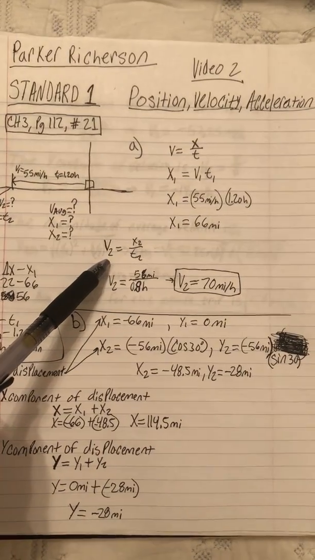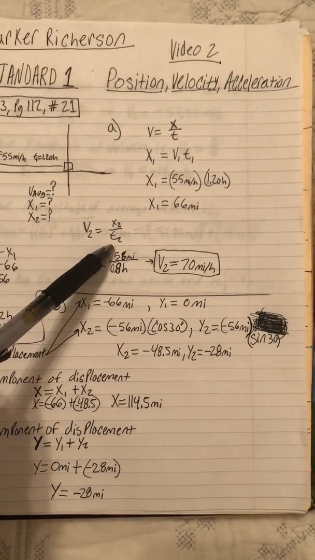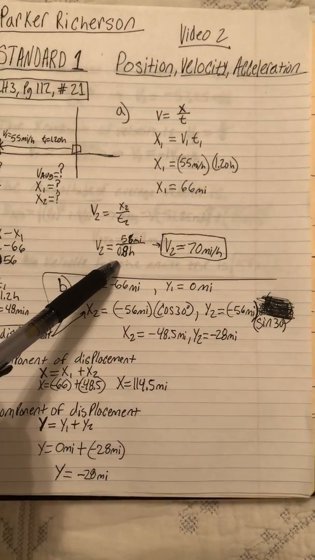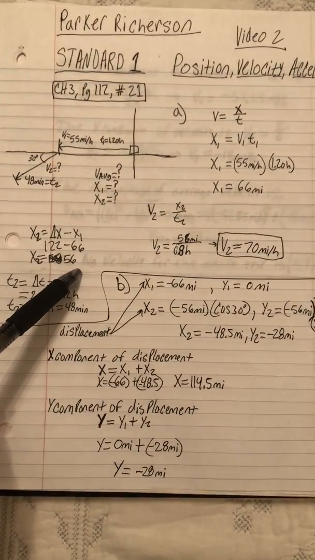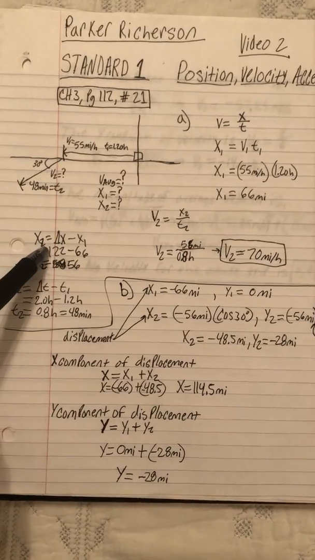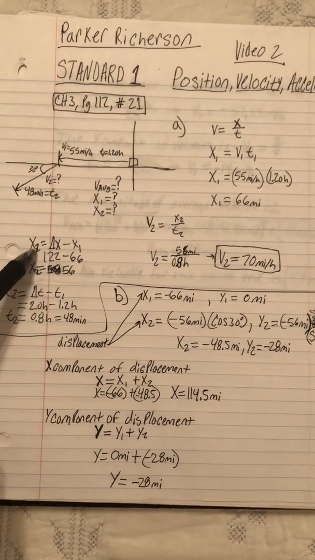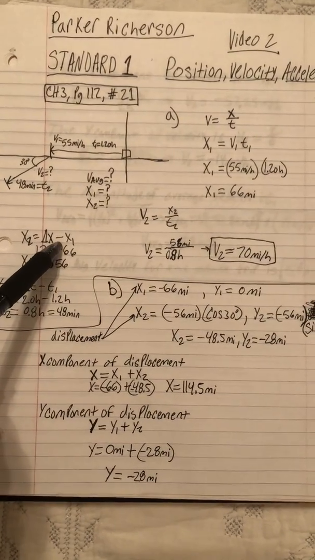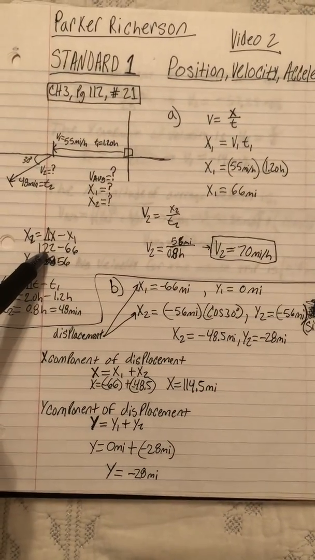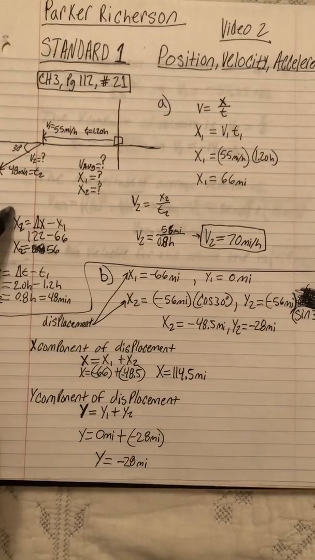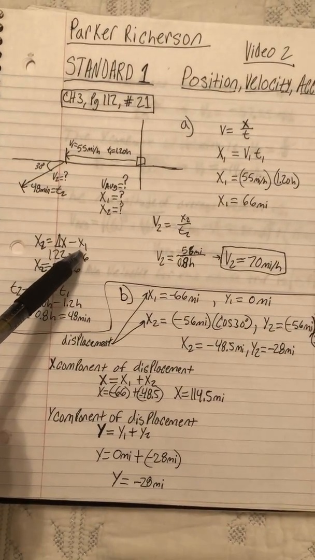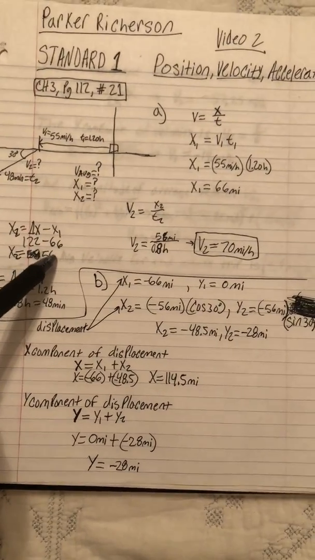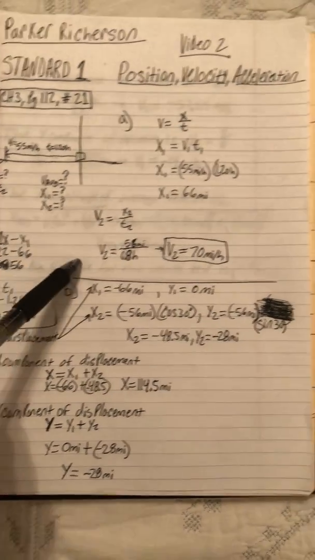Now to find v2, you take x2 over t2. To find x2, we take dx minus x1, and our dx is 122 miles total, minus 66 equals 56, so x2 equals 56. 56 plus 66 equals 122.